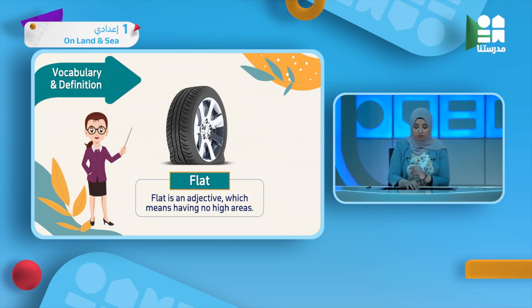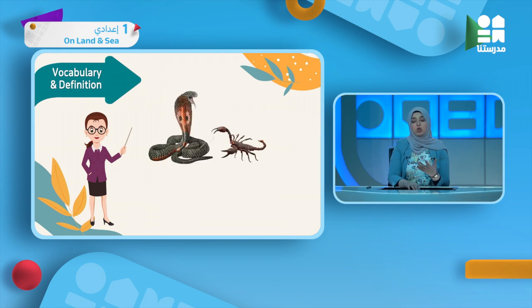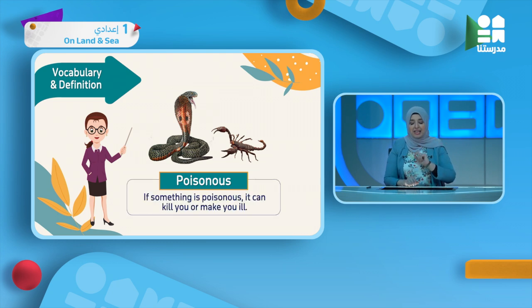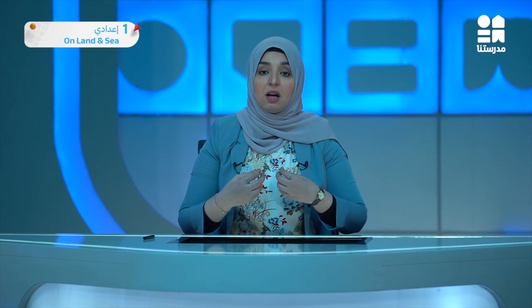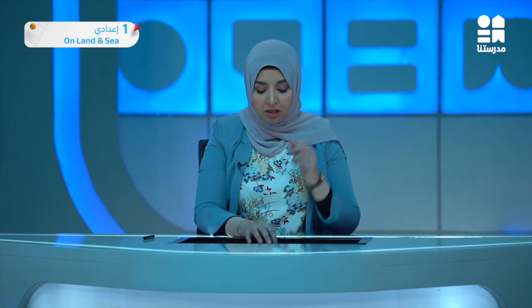It's called flat. Okay? Stingray and jellyfish, these sea animals could be poisonous. What does poisonous mean? Poisonous means if something is poisonous, it can kill you or make you ill. سام أو قاتل. ممكن تخليني مريض لأن هي بتلدغ ب poison.